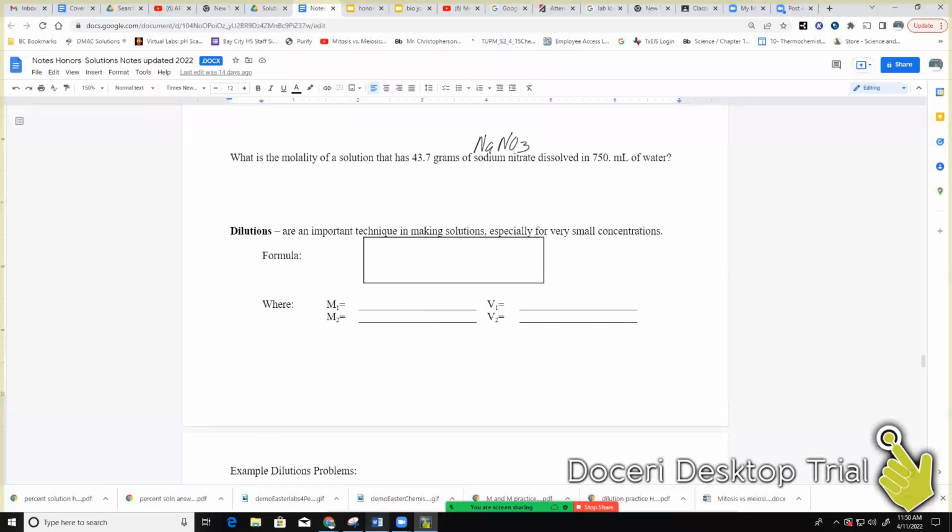So that is my solvent, but it's in a volume unit. Luckily, the density of water is 1 gram per 1 ml. So if I have 750 mLs, that's the same thing as saying I have 750 grams, which would become 0.750 kilograms.